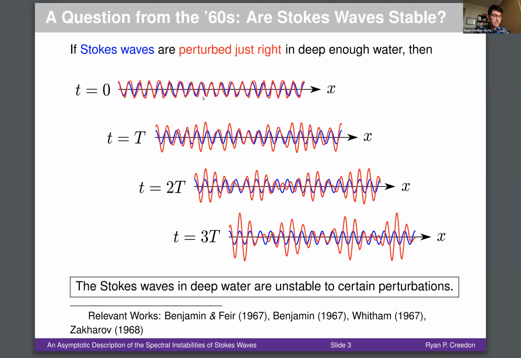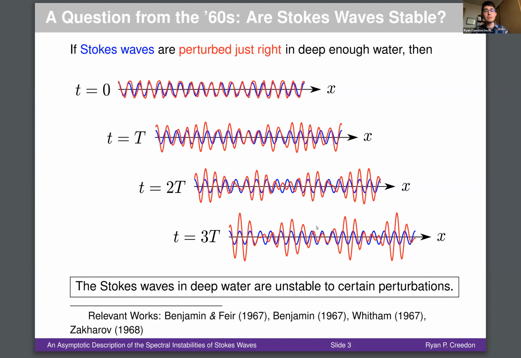And what folks back in the 1960s discovered, particularly Benjamin-Feir, Whitham, Zakharov, and a couple other folks, was that if you perturb these Stokes waves just right in sufficiently deep water, then your wave profile in red actually doesn't come back to the Stokes wave solution. It turns into something else.